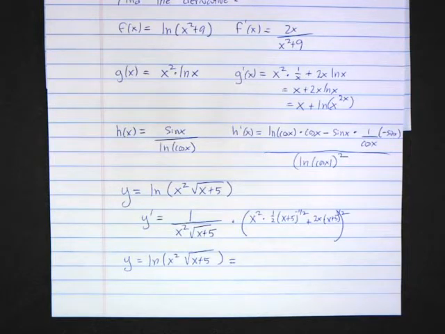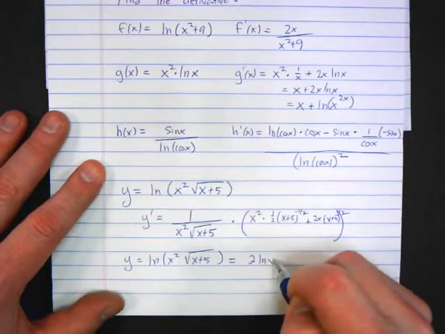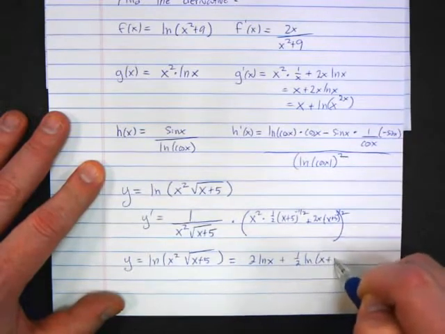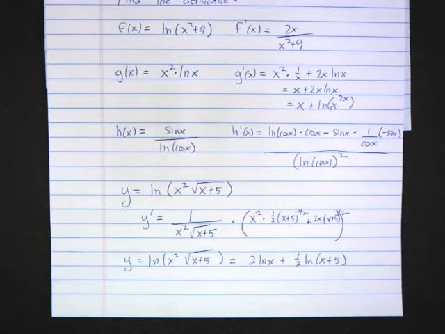What else is it going to do? It's going to get rid of the exponents too. If you split it up first, this is 2 ln x plus 1/2 ln of x plus 5. So that's really why in this class we talked about those properties of logarithms. It makes life a whole lot easier.